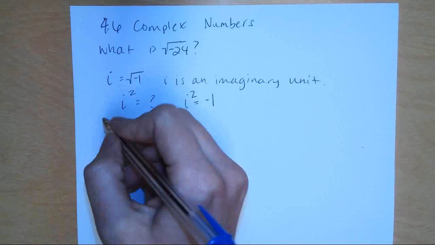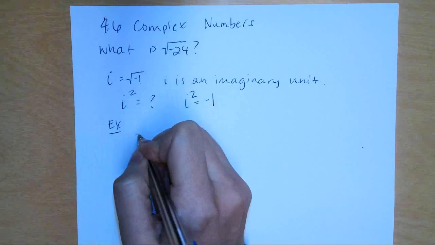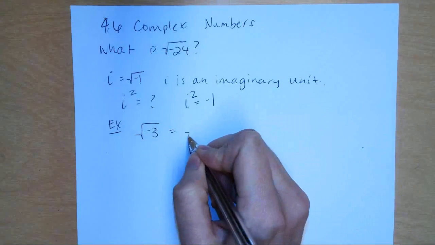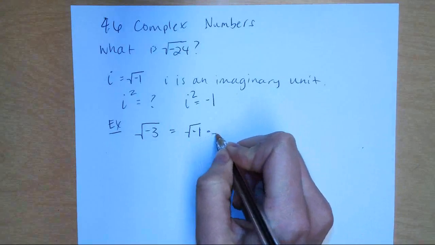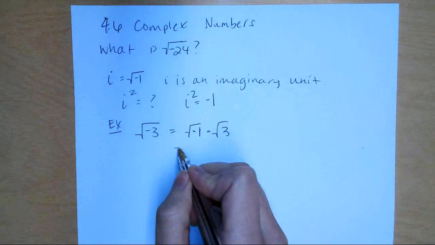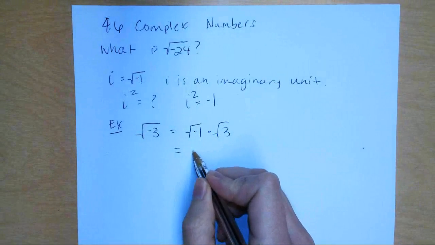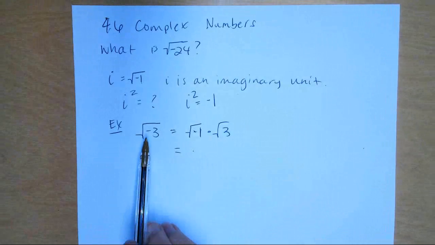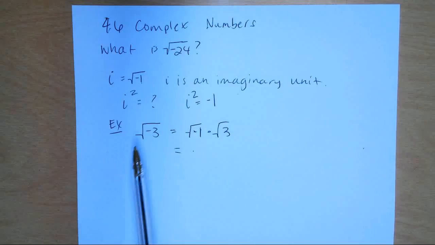Okay, so for example, if we have the square root of negative 3, we could write this as the square root of negative 1 times the square root of 3. What is the square root of negative 1? Okay, let's back up for a second. Why can I do this?